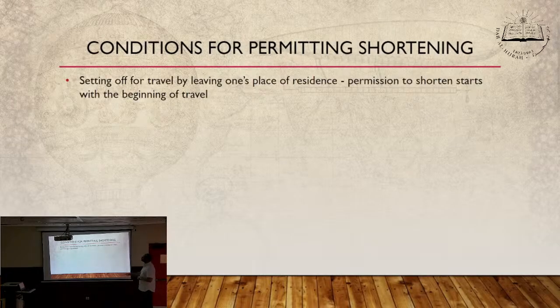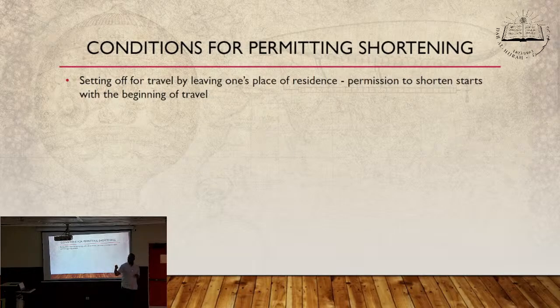So let's talk about the conditions that will permit me to shorten the prayer, right? The general rule is, can I shorten my prayer? No. The general rule: can I shorten my prayer? Absolutely not. It is not permissible for me to shorten my prayer. But if certain circumstances and scenarios arise, then the Sharia can be flexible with me and it permits me to shorten the prayer.